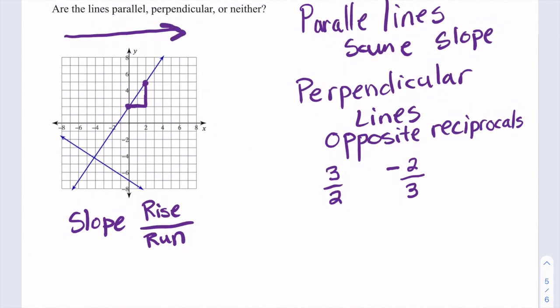So going left to right, this first line is going up, and it's going up 3. And going left to right, it went over 2. So the slope of my first line is 3/2. Okay, then let's look at the slope of my next line. So I'm going to select 2 points.